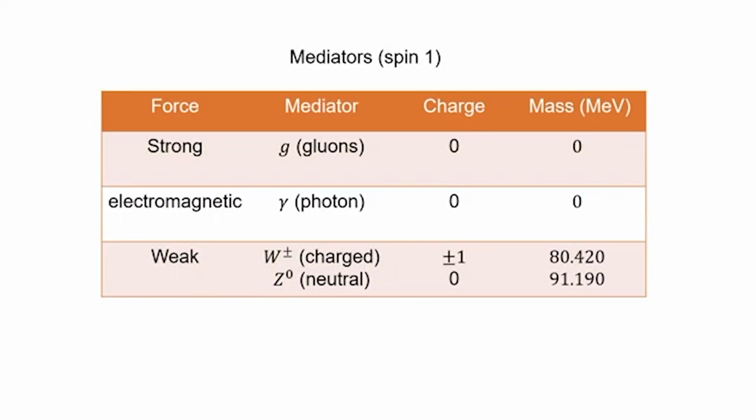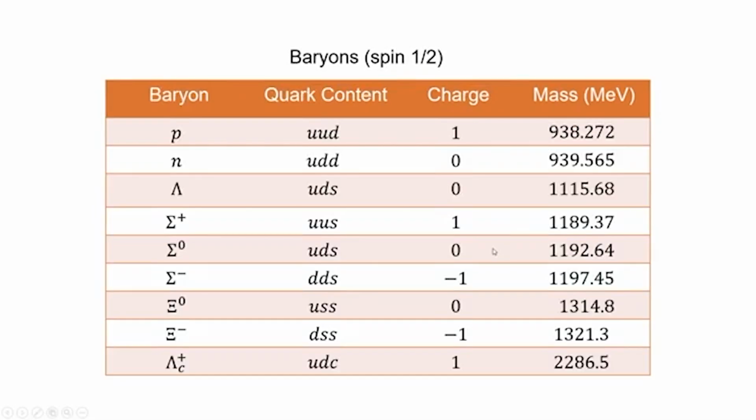Electromagnetic is of course photon with no charge and no mass, just like gluons. And the weak has W plus minus, with charge plus minus 1 and a mass which is 80.4 MeV, and Z0 again a neutral particle, charge 0, but mass is equal to 91.19 MeV. So, these are the mediators, spin 1.